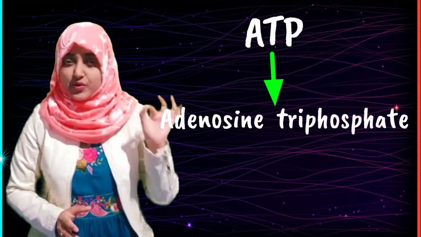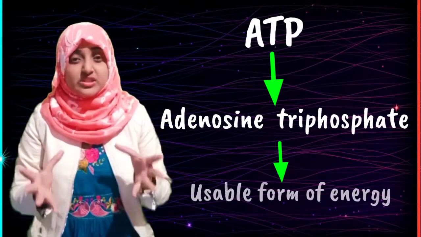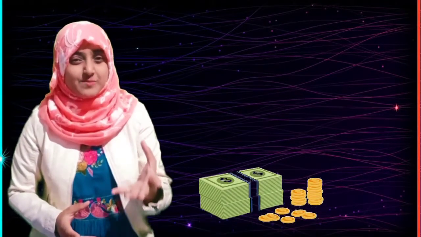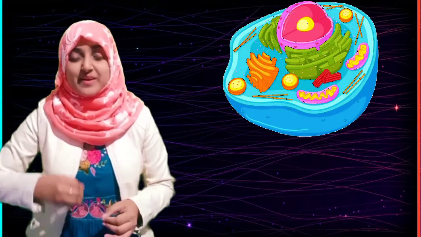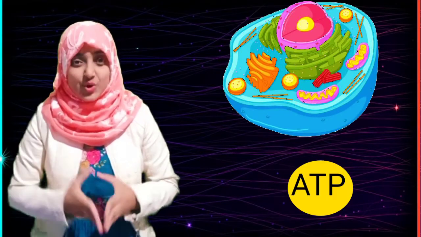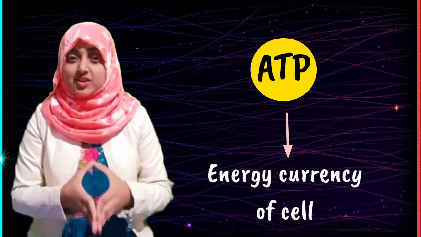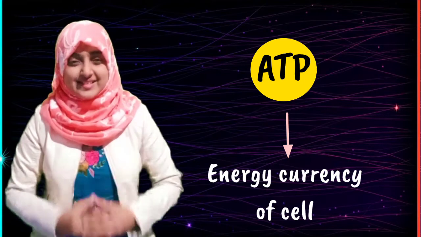ATP is nothing but adenosine triphosphate, which is the usable form of energy. Now, just like we spend money to buy some things, the cell also spends this ATP in order to perform various functions. Hence, this ATP is called the energy currency of the cell. So, this mitochondria is regarded as the powerhouse of the cell.